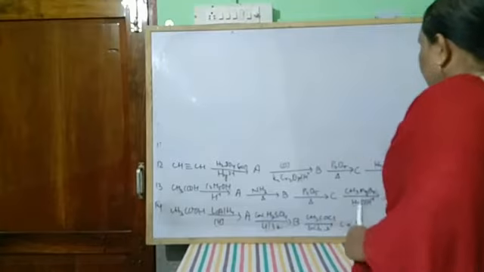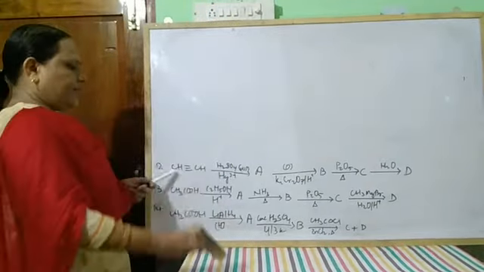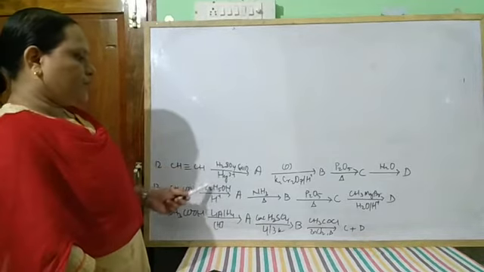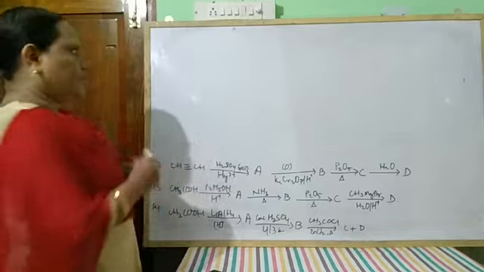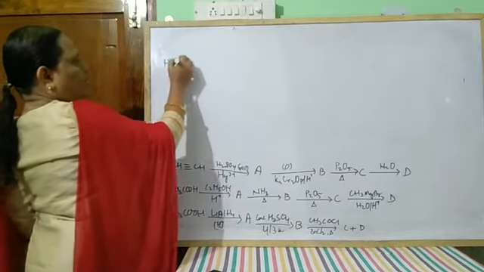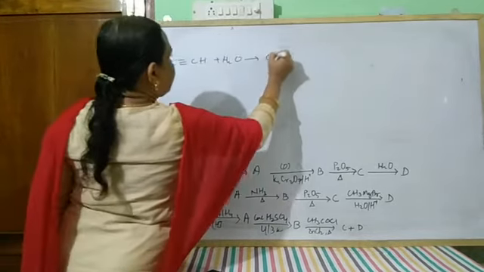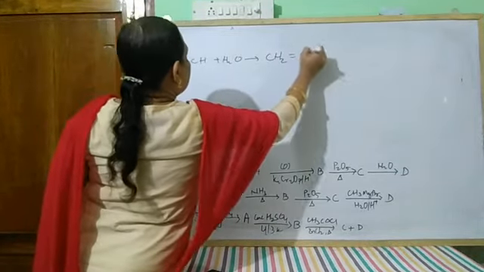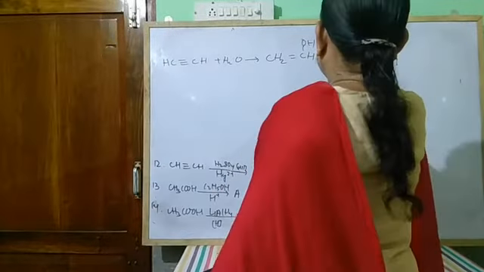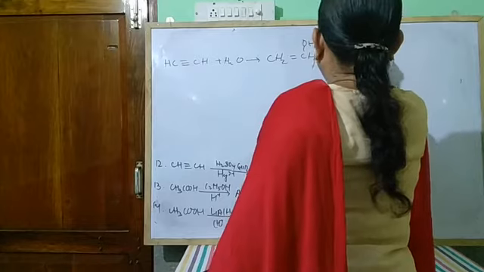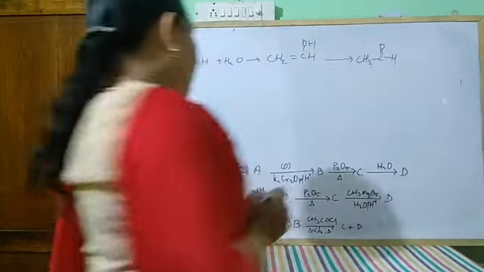Next come to alkyne. Acetylene reacts with H2SO4 and HgSO4. You know this reaction. It forms your acetaldehyde. It reacts with water, first CH2=CHOH, which undergoes tautomerization to form acetaldehyde.